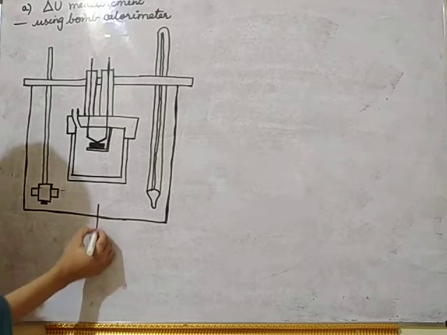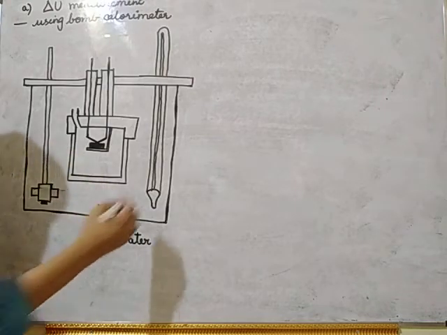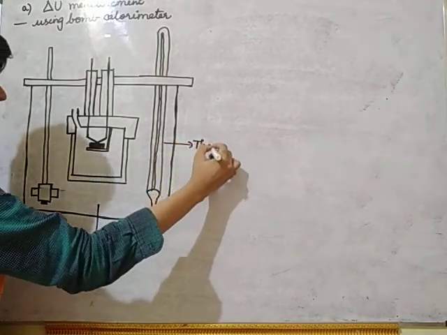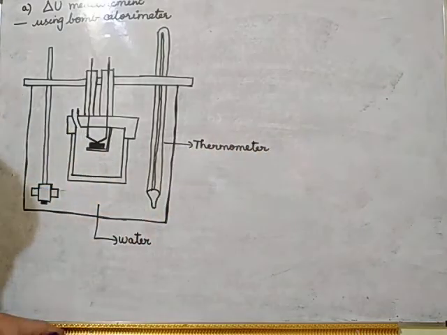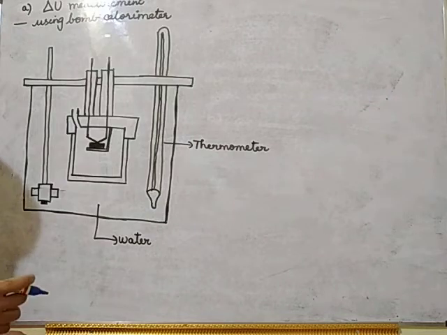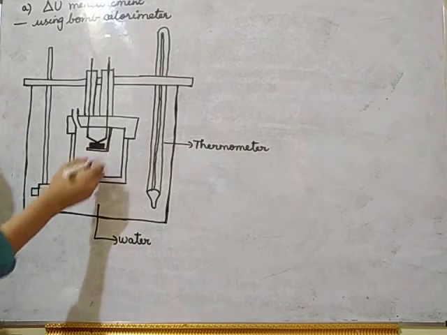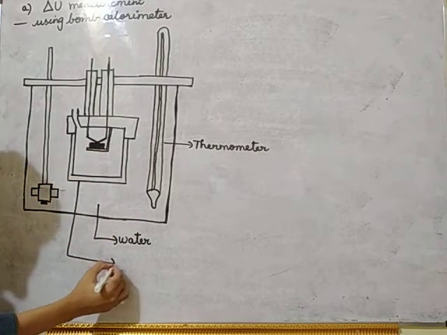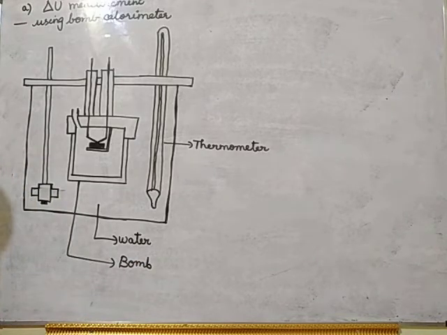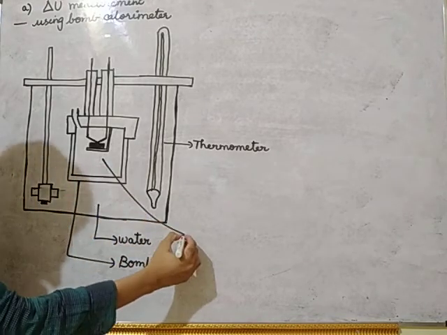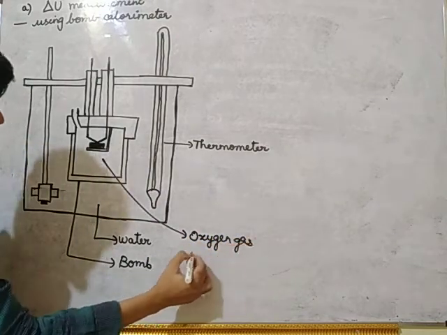So here you have water. This is the thermometer. This container is called the bomb. Inside this container, you have oxygen gas at high pressure.